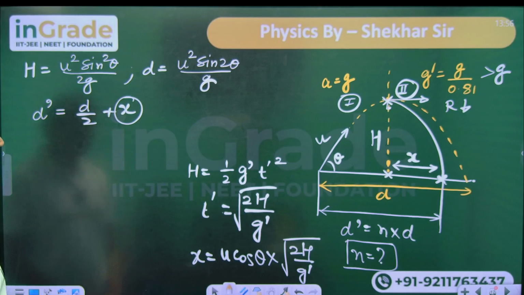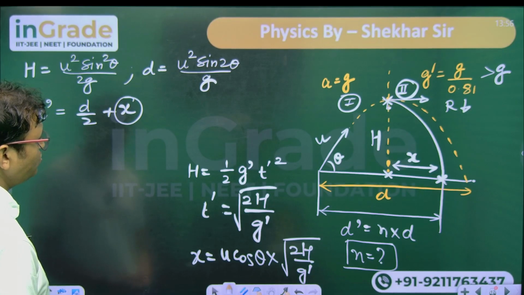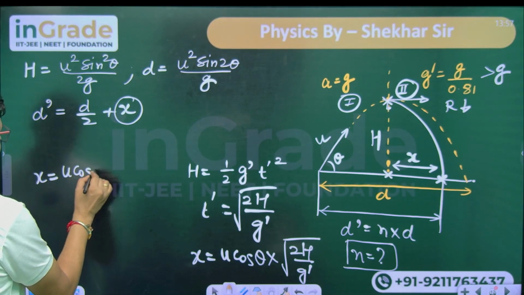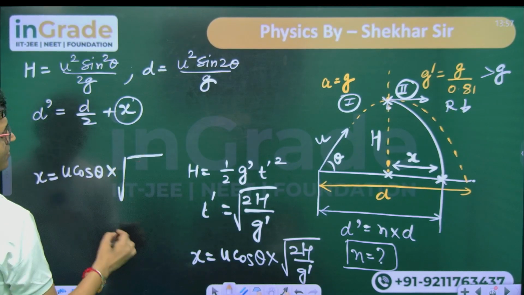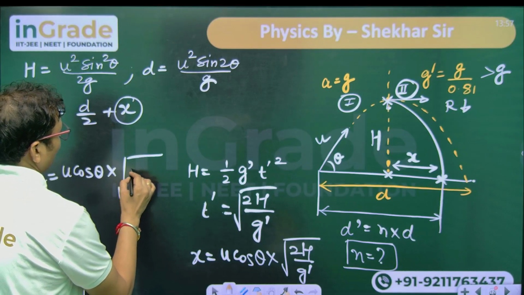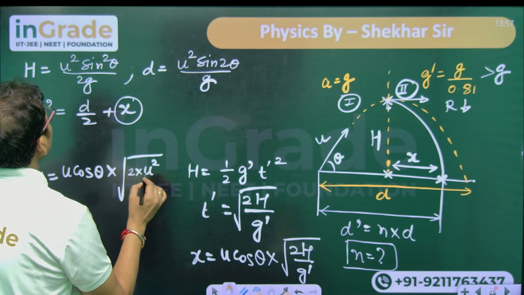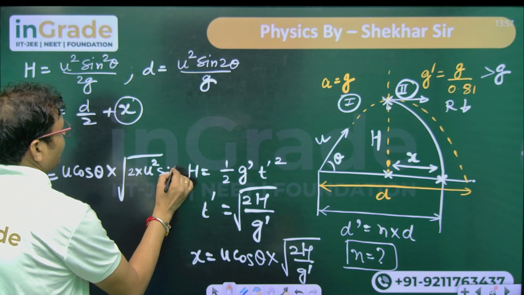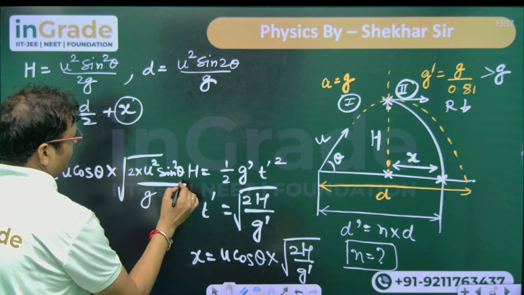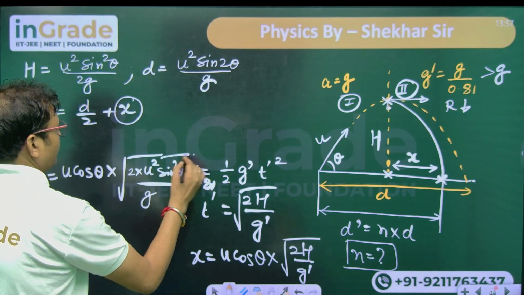So find out the value of x. x is equal to u cos theta into under root of, if we put the value of h, 2 into u square sine square theta upon g by 0.81.